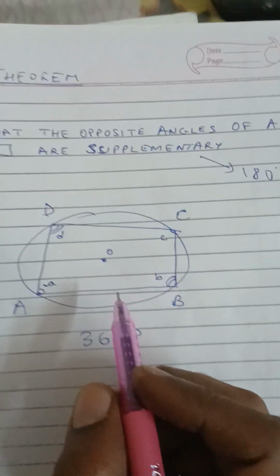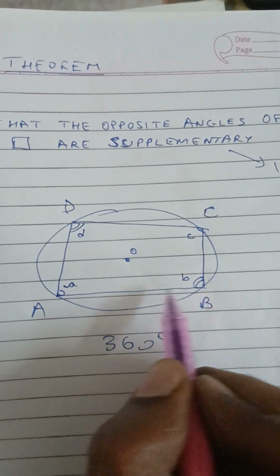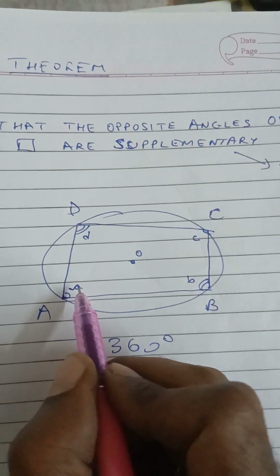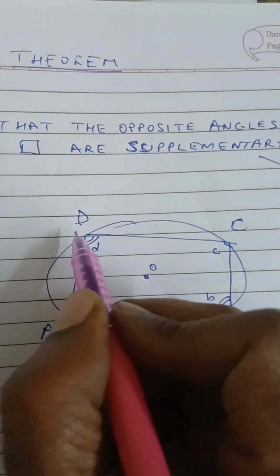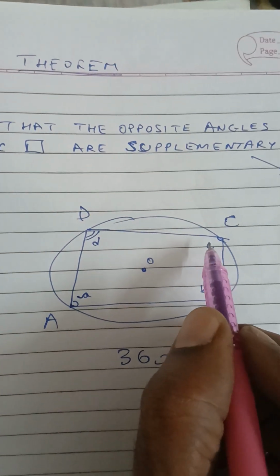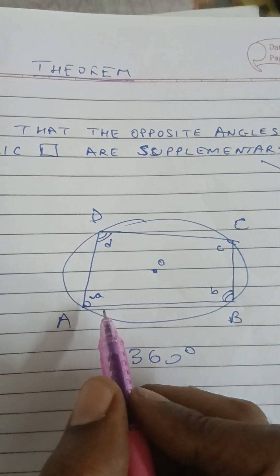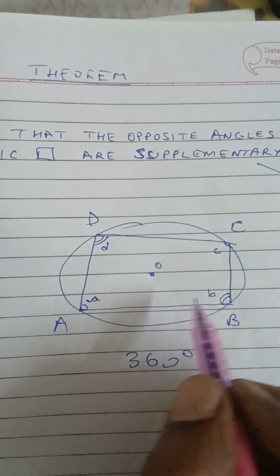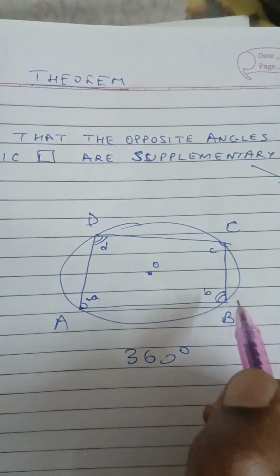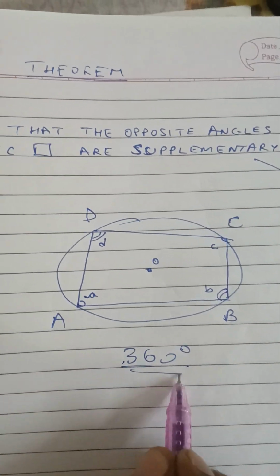And I have known the inscribed angle theorem stating that angle BAD, that is angle A, is half of arc BCD. And angle C is half of arc BAD. Arc BAD and arc BCD together will make 360 degrees.